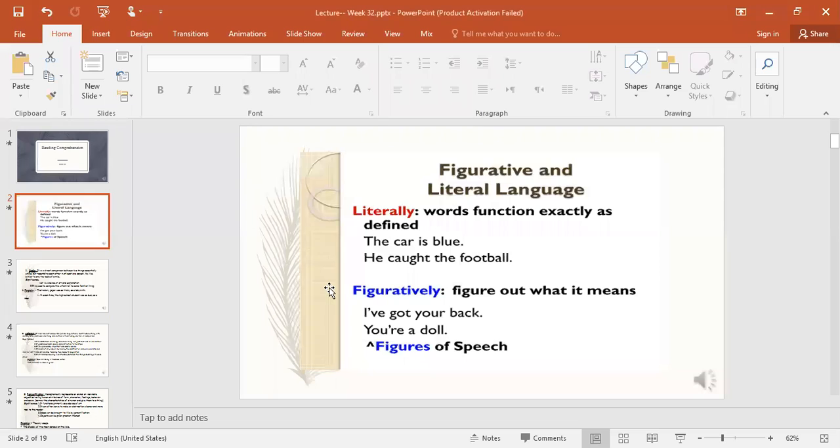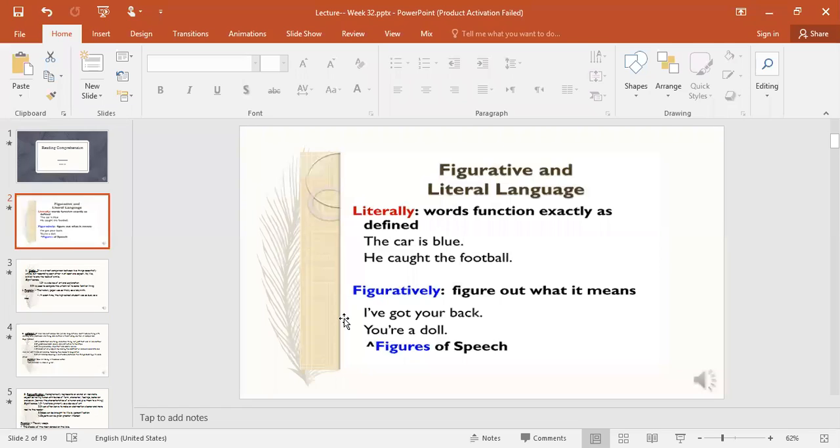Figurative and literal language. Literally, words function exactly as defined. The car is blue. He caught the ball, the football.